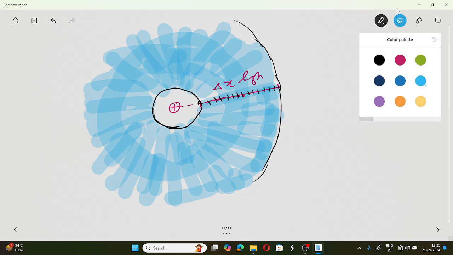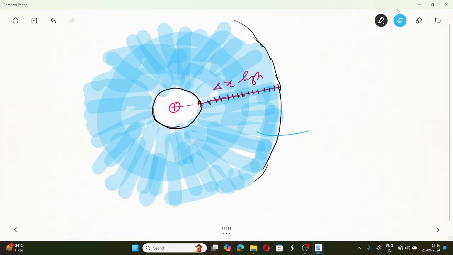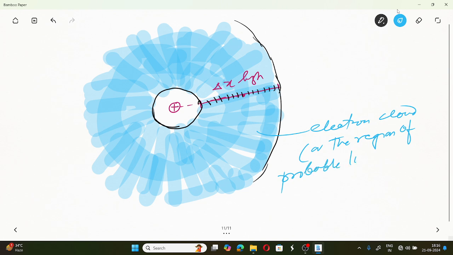So this is the electron cloud, or the region of probable location of the electron, and this gave an idea about atomic orbitals.